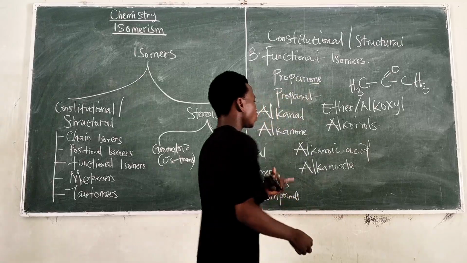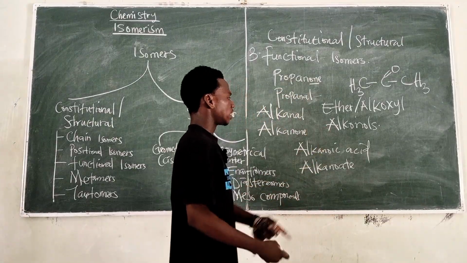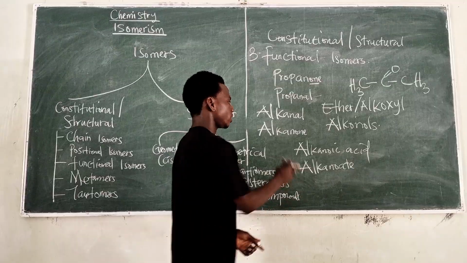So let's look at two more examples indicating ethers with alkanols and alkanoic acids with alkanoates.